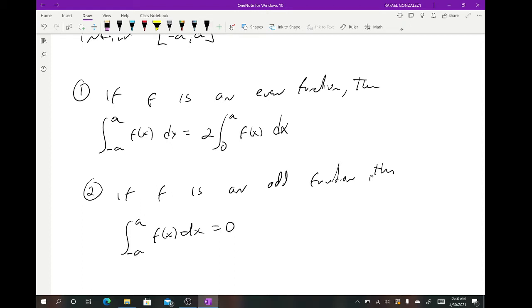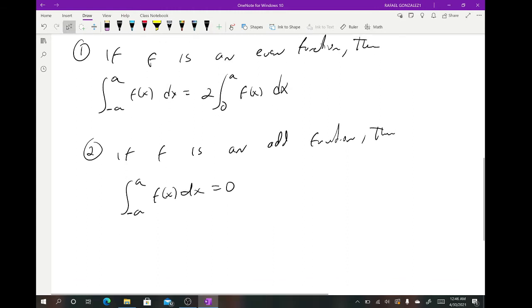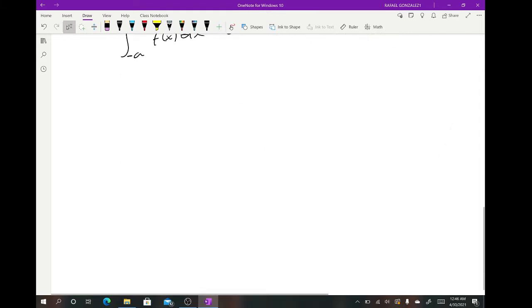So the most popular even and odd functions are sine and cosine. Also, if you look at a parabola, it will be an even function. If you look at a linear function, it will be odd.